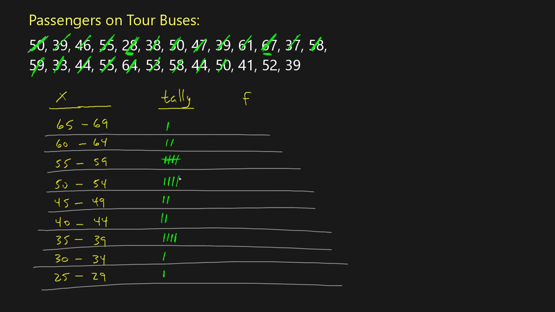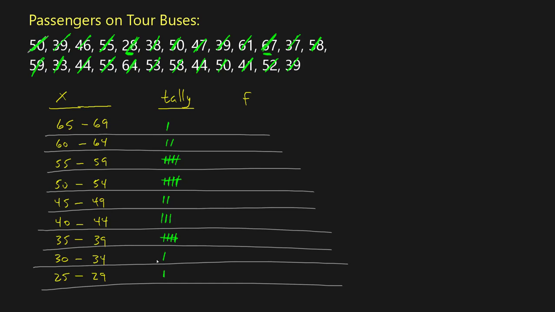And 50, 41, 52, and 39. Okay, so maybe not so much closer towards there. It actually looks like it's pretty evenly spread out between 35 and 59, and then it tapers off a bit towards the high and the low extremes.